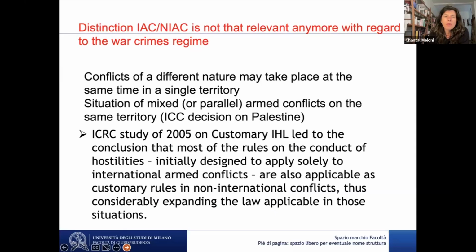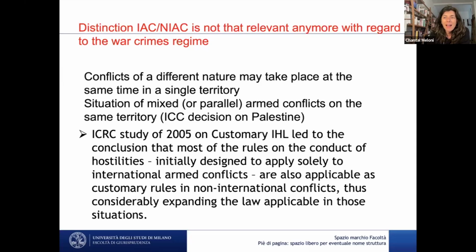In particular, because already 20 years ago, the International Committee of the Red Cross, in a very important study on customary international law, concluded that most of the rules of conduct that apply to international armed conflicts nowadays apply also to non-international armed conflicts under customary law, regardless of what is written in the Geneva Conventions or in other treaties. What does it mean?